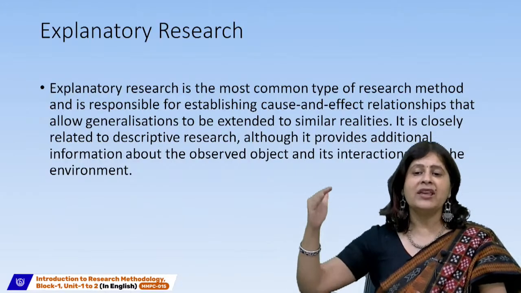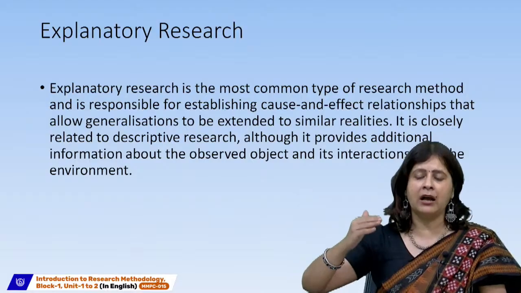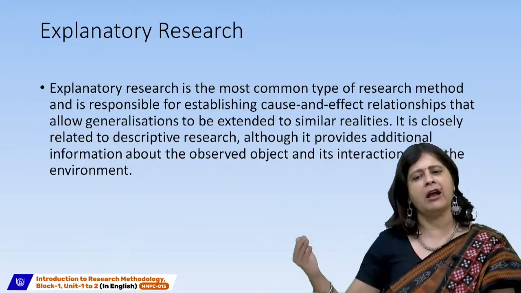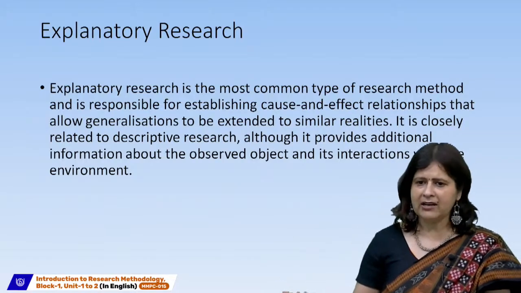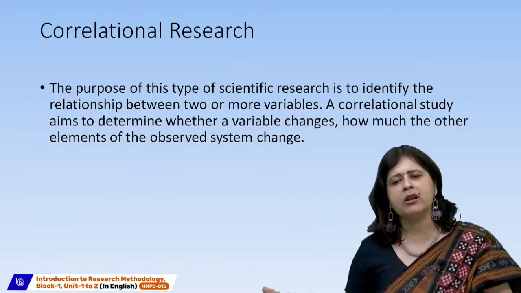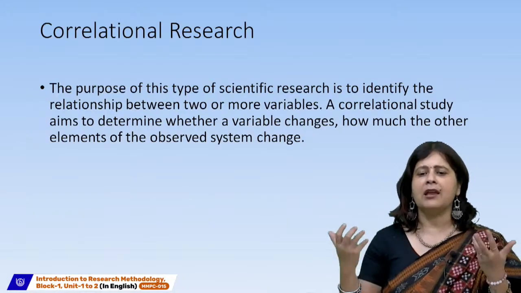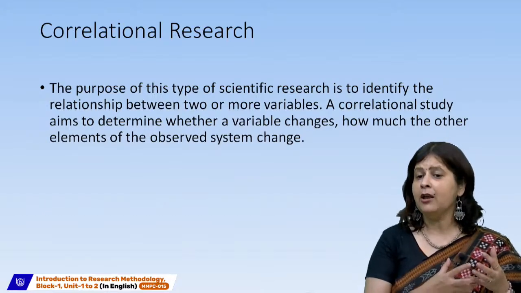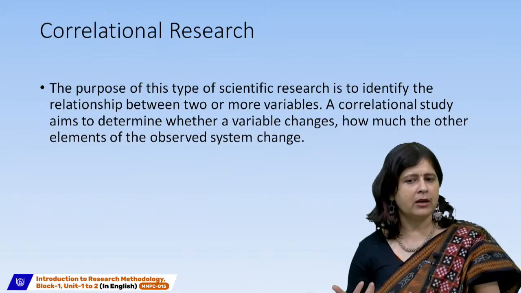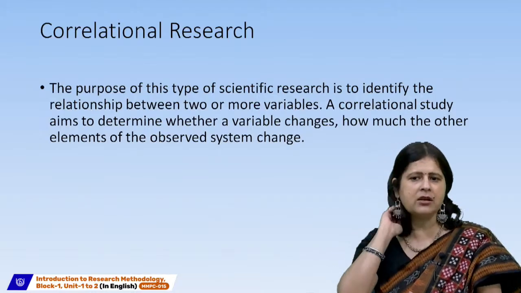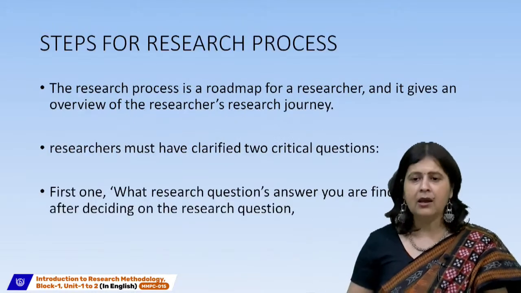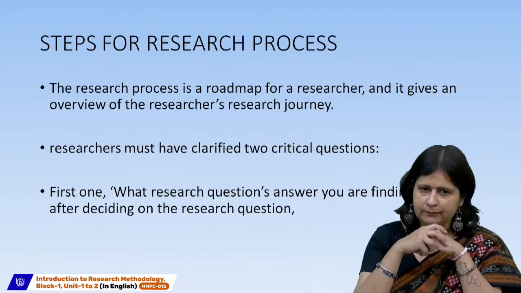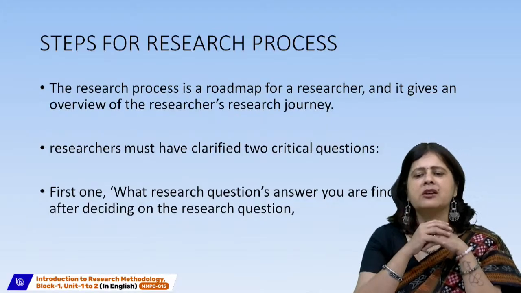It tries to explain the reasons, the cause and effect relationship between the phenomenon and other objects and the environment, that is explanatory research. Then the correlation research, that is if there is any relationship between two or more than two variables and a change in one variable, whether it impacts the other variable, and if it impacts the other variable, how much will it impact, that is the correlation research, right.